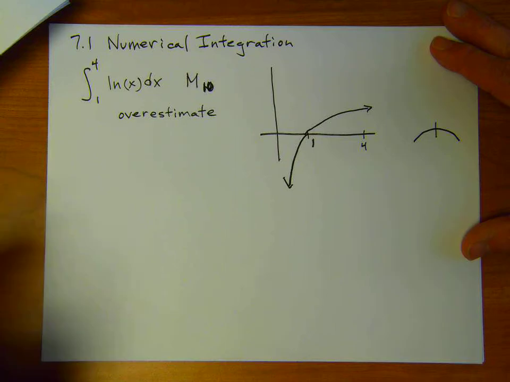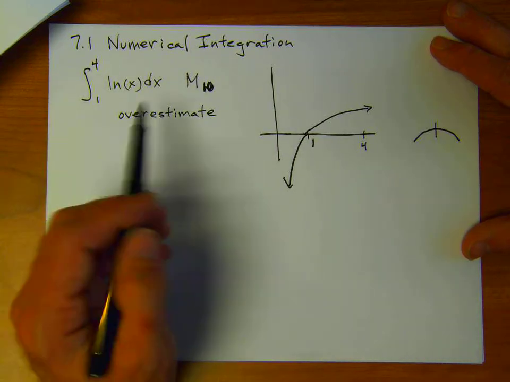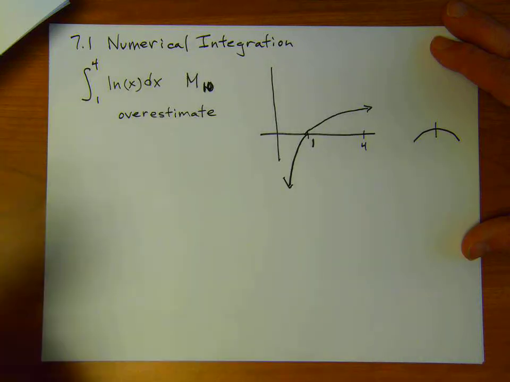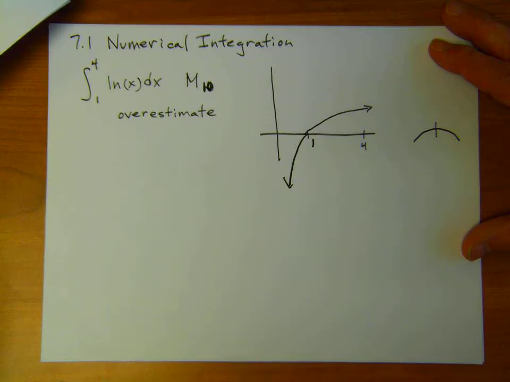Also, you can verify that using GeoGebra. So those are the two ways that I would anticipate on the homework. You could just say that it was concave down and therefore it's an overestimate. You could also verify it in GeoGebra. Either way is fine.